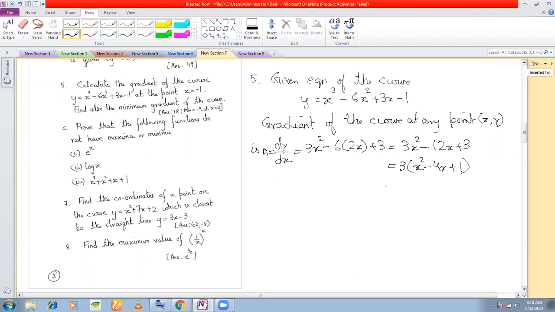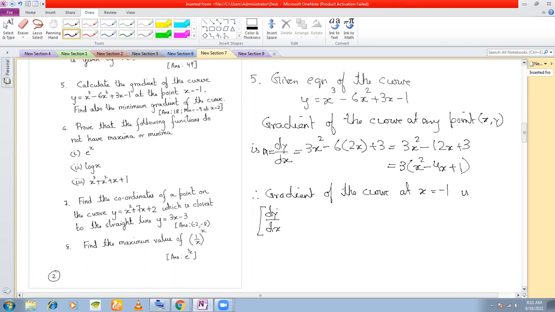We need to find the gradient at the point x equal to -1. Therefore, the gradient of the curve at x equal to -1 is dy/dx.